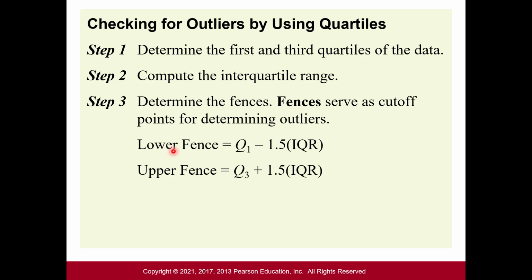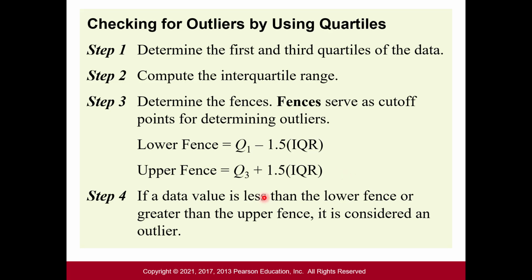The lower fence, you find by taking the first quartile and subtracting 1.5 times the interquartile range. The upper fence is the third quartile plus 1.5 times the IQR. So you have to find the first and third quartile, find the interquartile range, and then plug them into these formulas to find the fences.